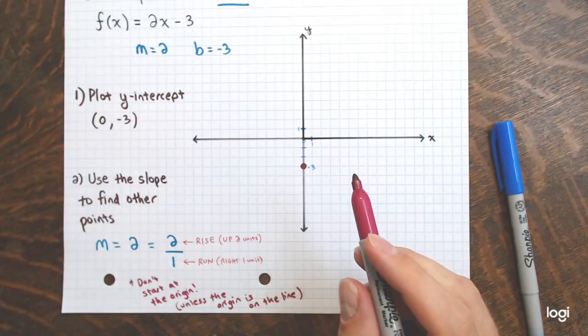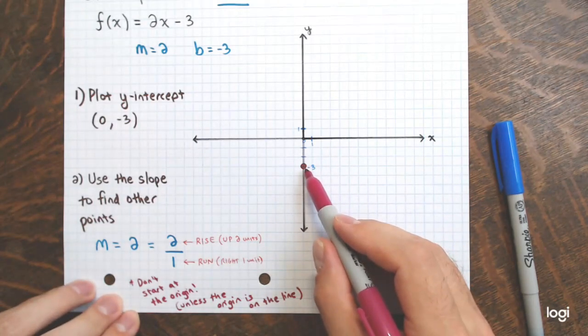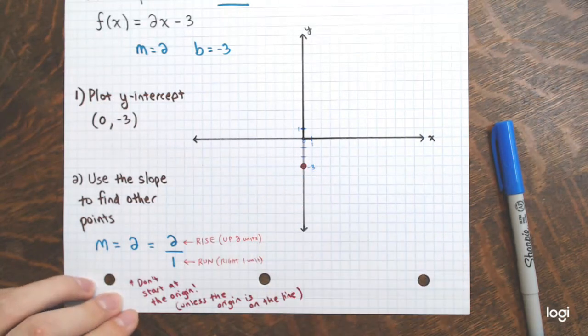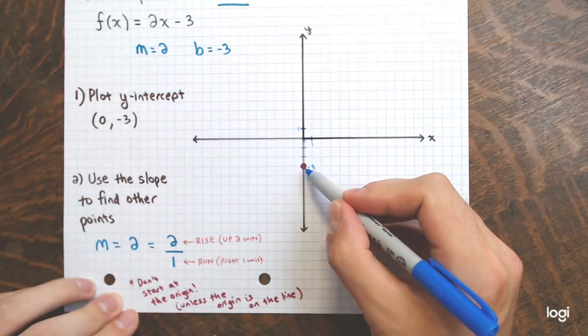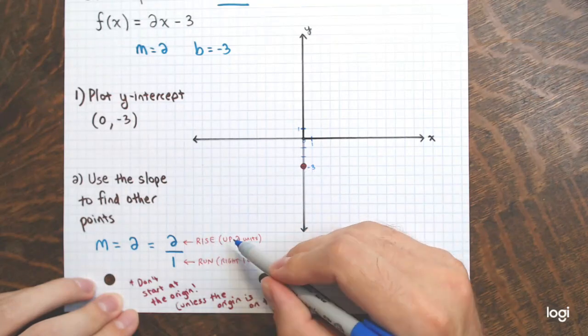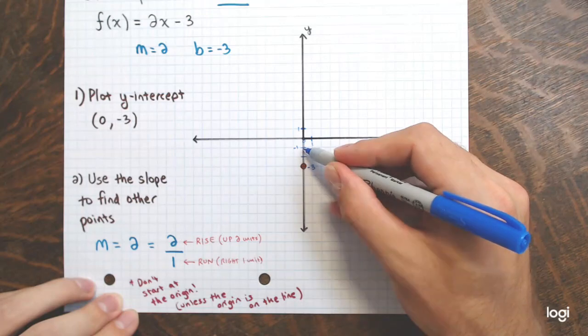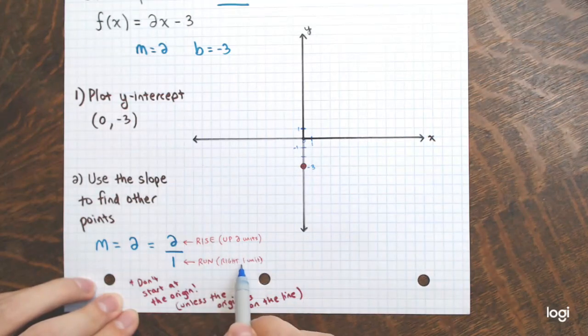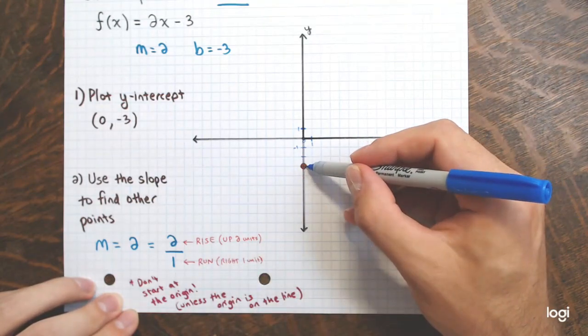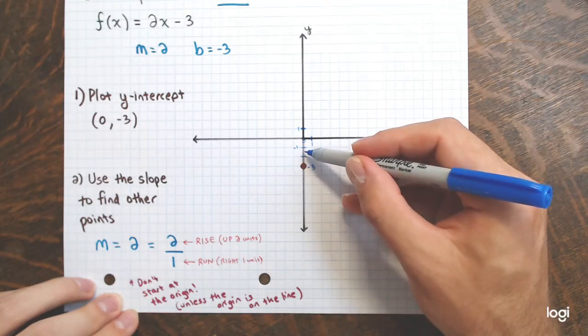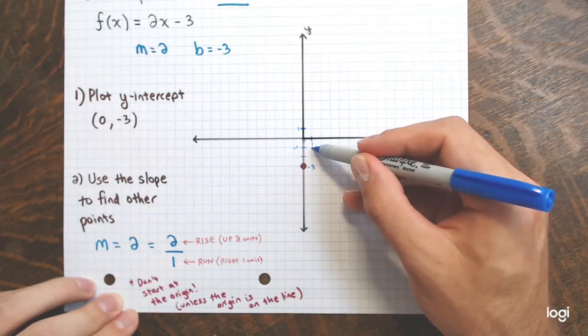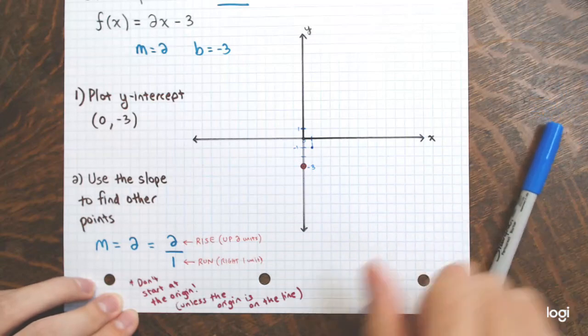So the only point I know right now is this point right here, the y-intercept, 0, negative 3. So from 0, negative 3, I rise 2. So I go up 2 units to negative 1 on the y-axis, and then run 1. So from the point on the line, I go up 2, right 1, landing me at this location.